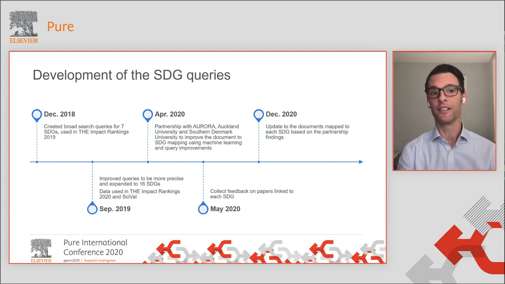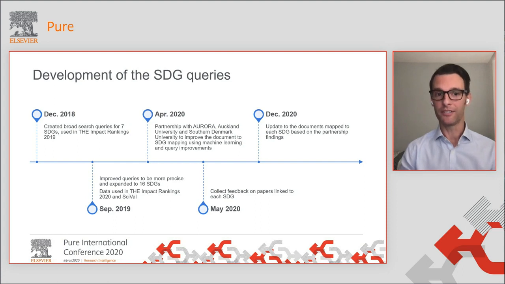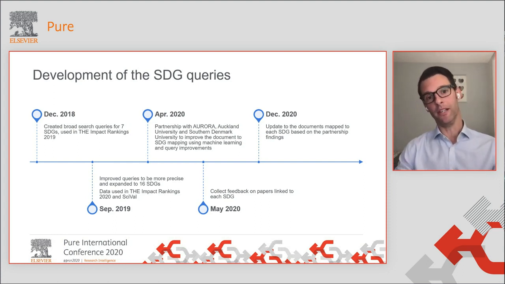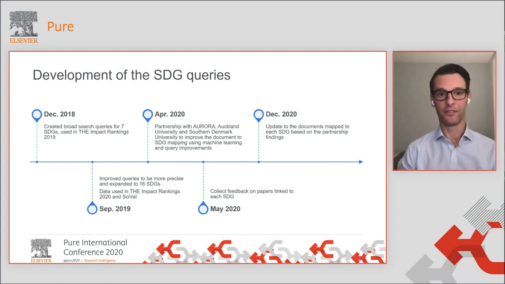Back in December 2018, we were asked to create some search queries for 7 of the SDGs, which was used in the THE's impact rankings back in 2019, so their first rankings. We obviously soon realized that having 7 of them out of the 17 wouldn't be enough, so we improved the queries to be more precise, and we expanded them to the 16 SDGs. And those are now being used in the 2020 impact rankings.